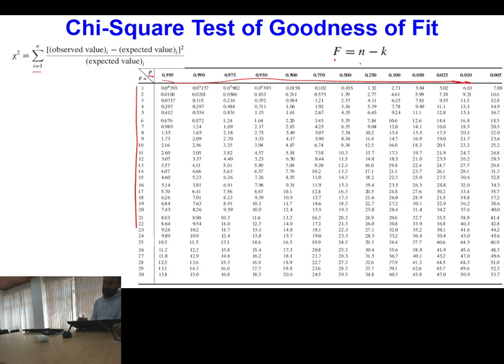This f is nothing but the number of measurements minus the number of constraints. Depending upon that, you can calculate the value of f and the value of chi-square. Corresponding to these values of chi-square and f, you can find the probability of occurrence of that particular data set.